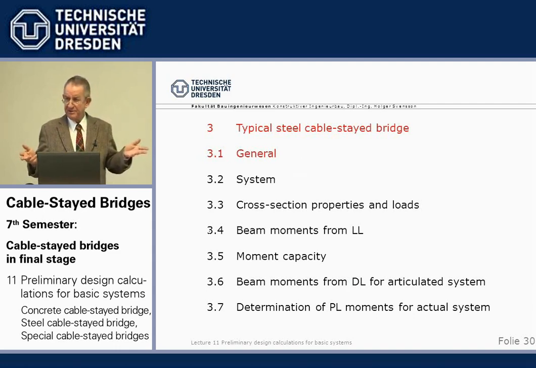Together with the sizing of the stay cables I've shown you before, that's all we need to preliminarily size a cable stayed bridge. And the detailed computer calculation, which of course will always be done, shall not give significant differences. Thank you.